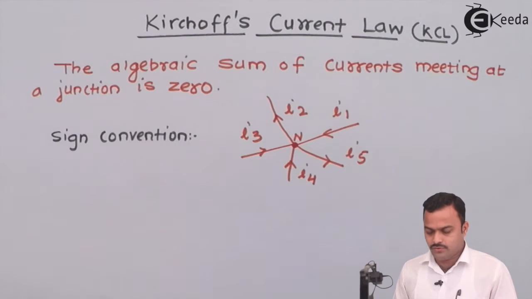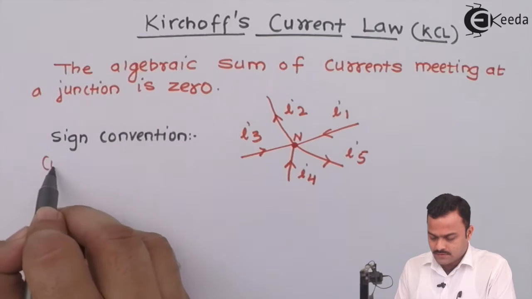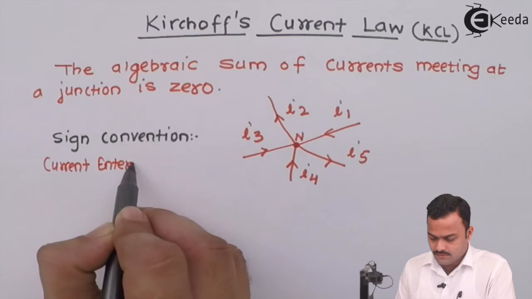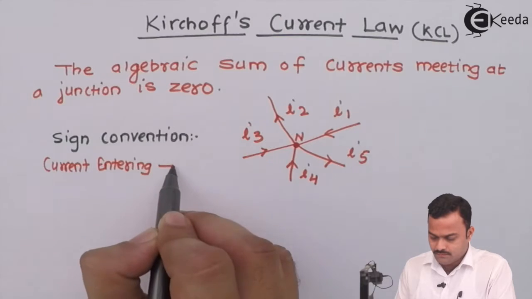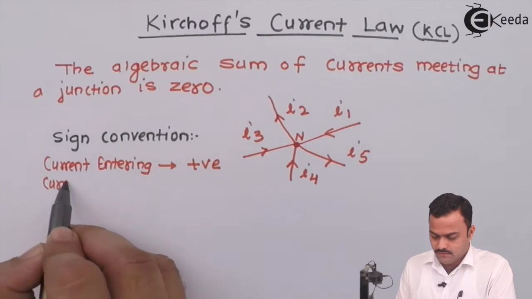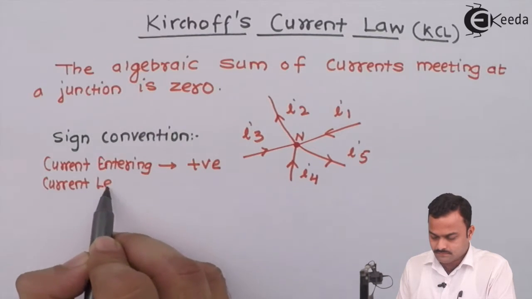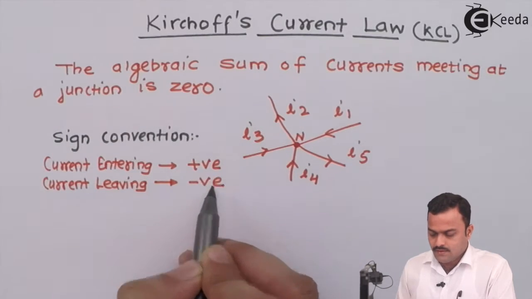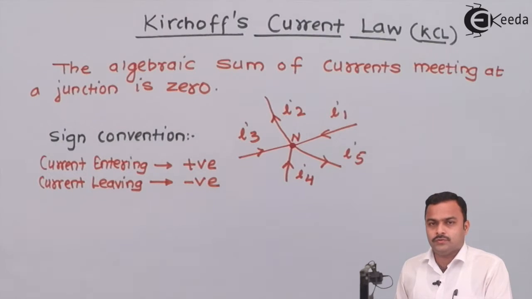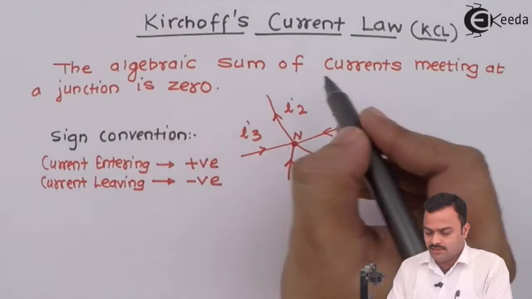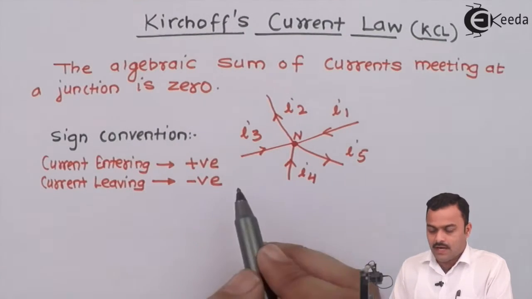For that purpose, we assume a current entering the node as positive, hence the current leaving the node will become negative. All this information is required in order to see the technique called nodal analysis that we will see in subsequent videos. If I apply this theorem along with this sign convention, I will get one statement.